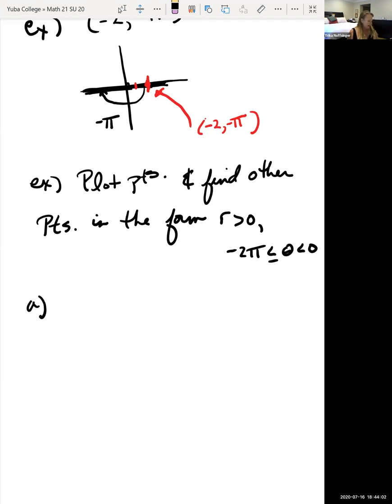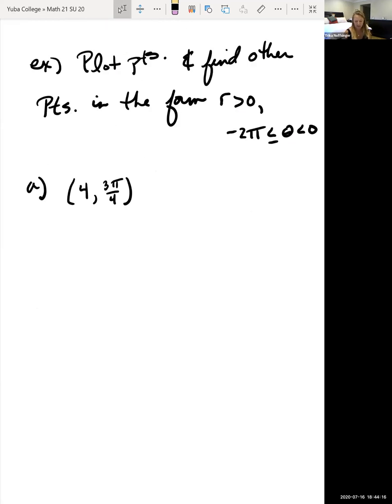So if we're looking at 3 pi fourths, first plot it. 3 pi fourths, it's positive. So we're going to go counterclockwise direction, 3 pi fourths.